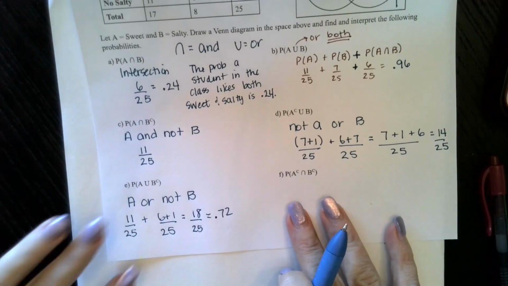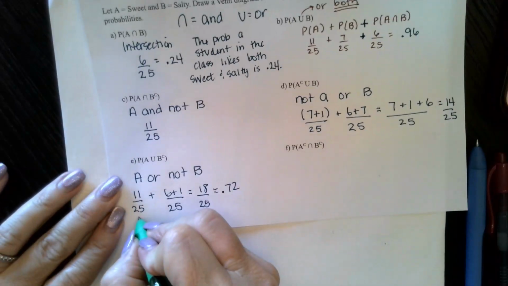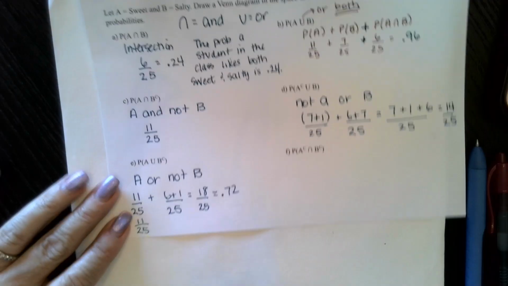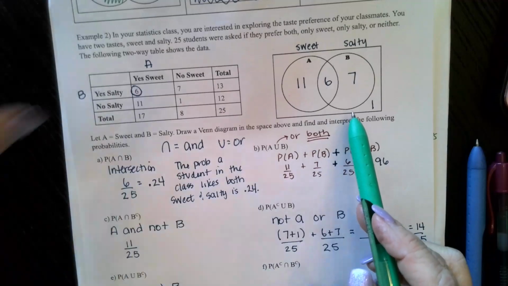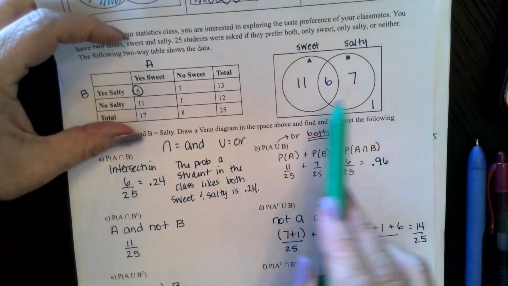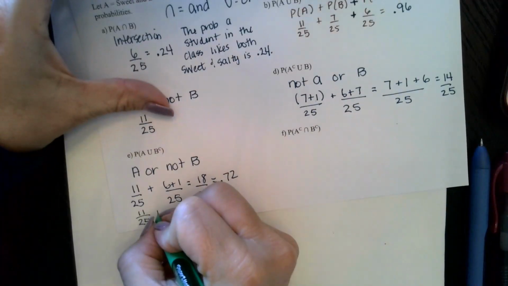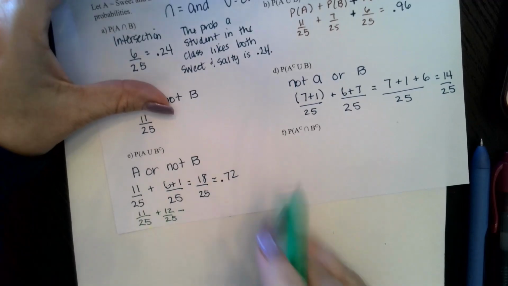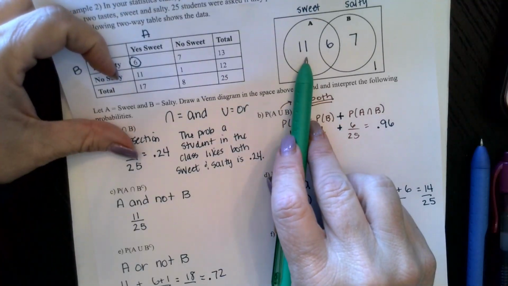Okay, now I'm going to show you this the other way. So if I do this, this is the same thing as 11 over 25, probability of A. My probability of not B is going to be 11 plus 1. So it's going to be plus 12 over 25. And then I have to have not, so not A. So minus, oh, sorry, I counted this wrong.